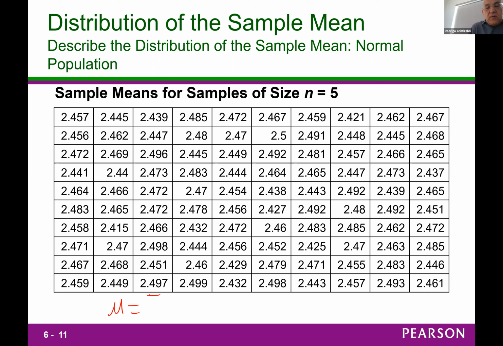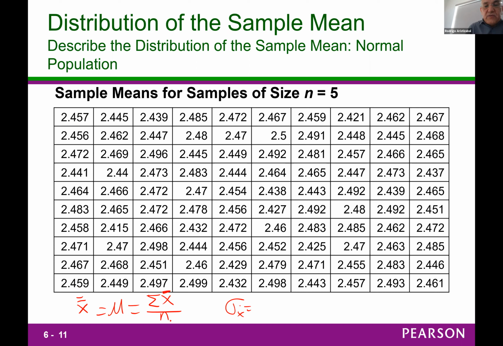The mean of all of these values will be obtained by adding all of these sample means and dividing by 200, in this case, n. We use this symbol in statistics for the mean of all means. And here we use the standard deviation for all of these values.